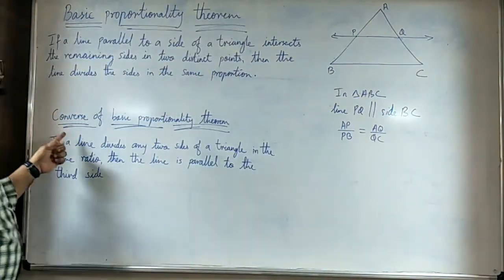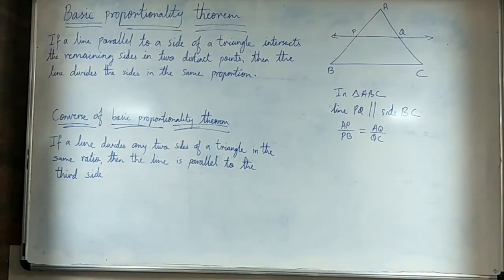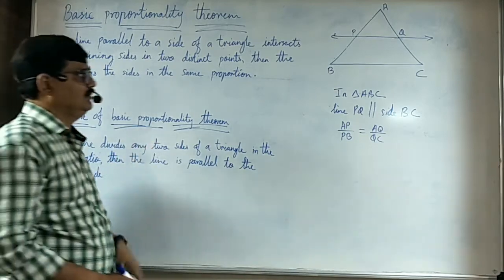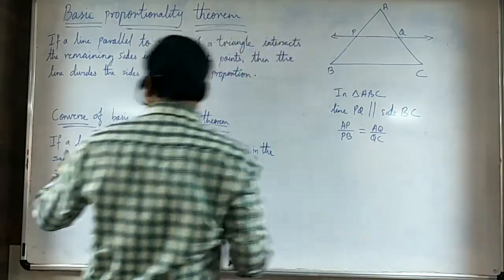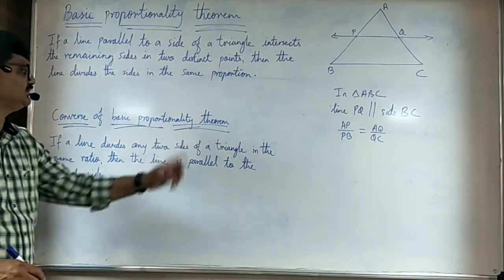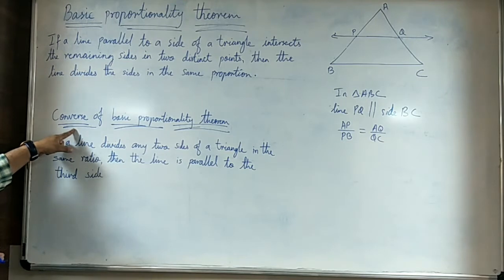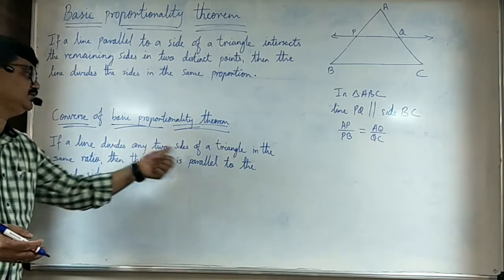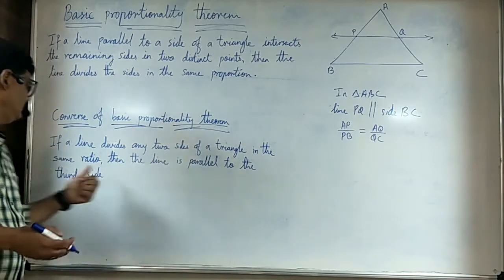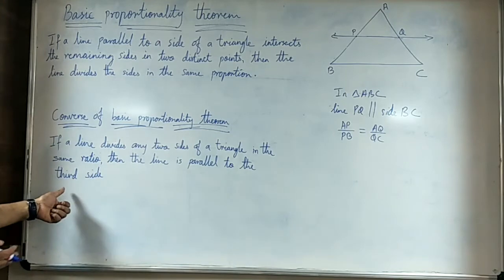Next, there is a very simple one, the converse of the basic proportionality theorem. What is the converse? It's the opposite. Converse means we go the other way around. The converse of basic proportionality says that if a line divides any two sides of a triangle in the same ratio, then the line is parallel to the third side.